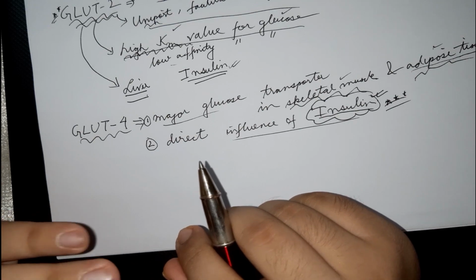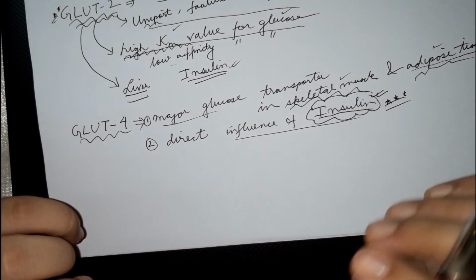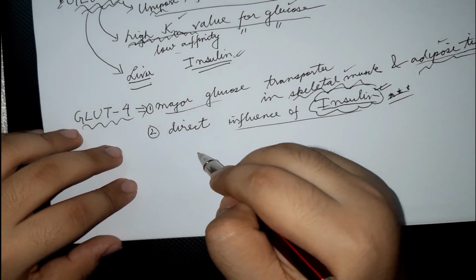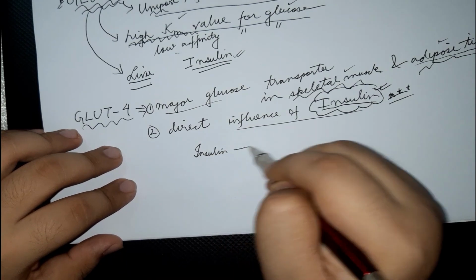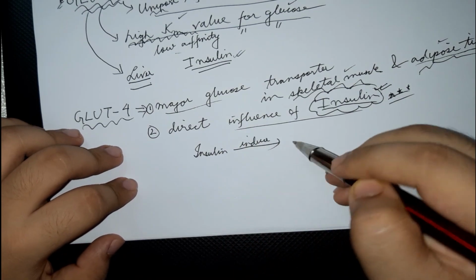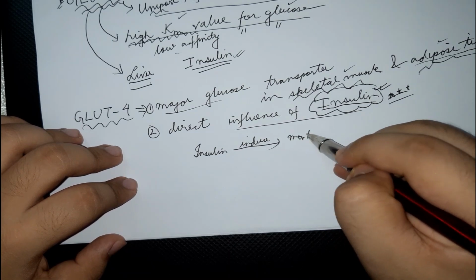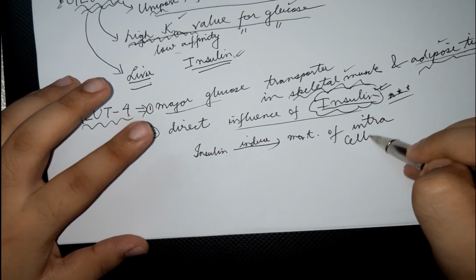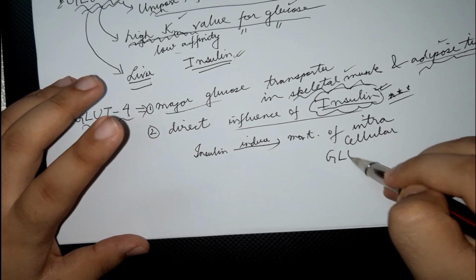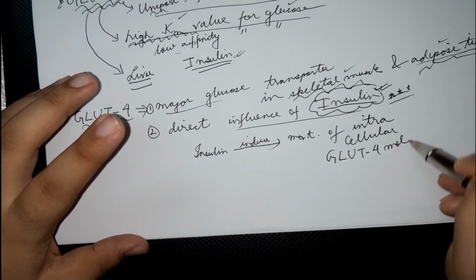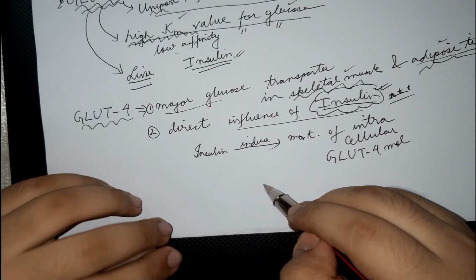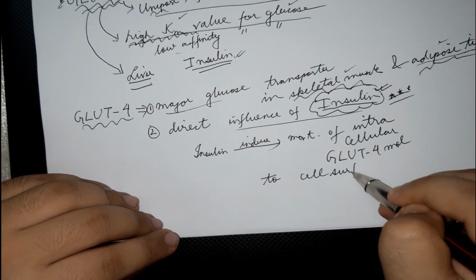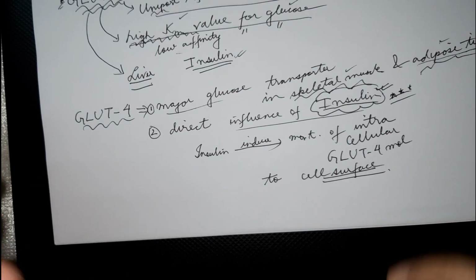So that's why it's very important to know about this. What insulin will do is induce the movement of intracellular GLUT4 molecules from within the cell to the cell surface.